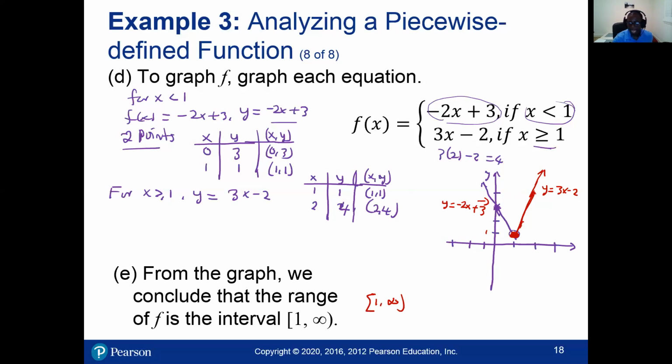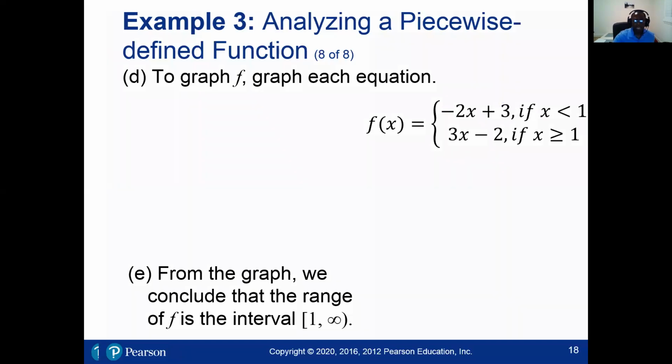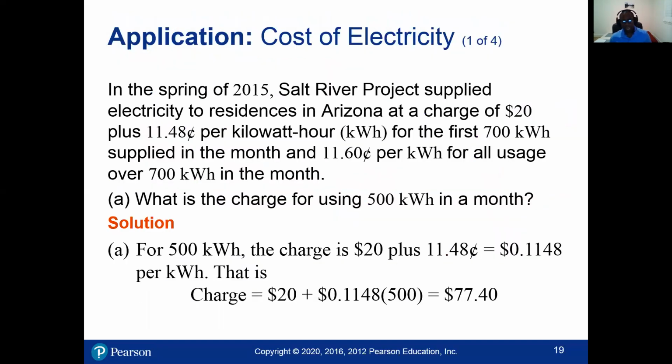Now, let's pick an application. It's the cost of electricity.